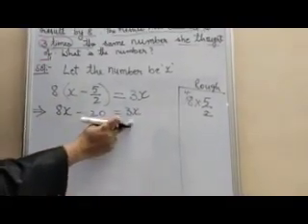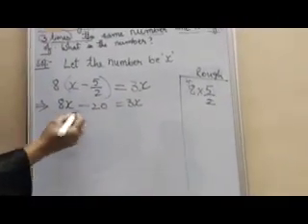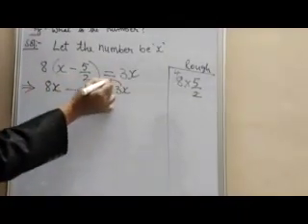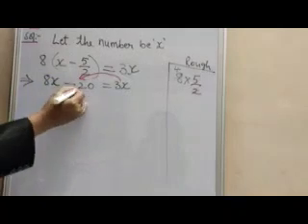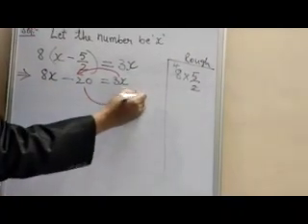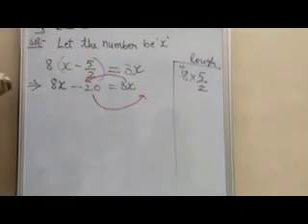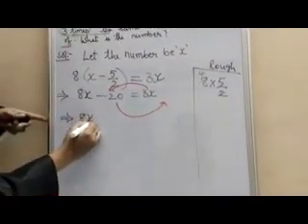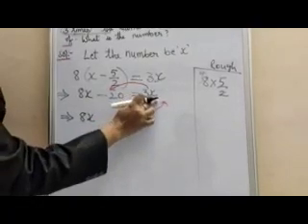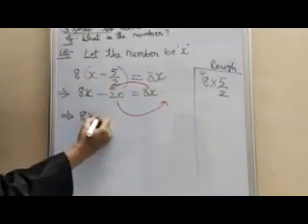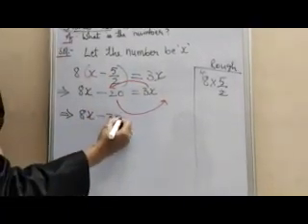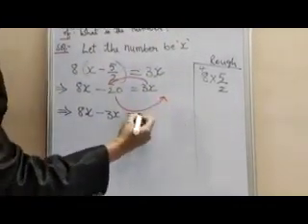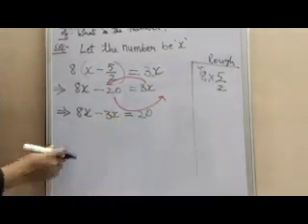Transposing 3x to the left hand side and transposing minus 20 to the right hand side. So that implies 8x, when 3x is taken to the left hand side it becomes minus 3x, equal to minus 20, which when transposed to RHS is plus 20.